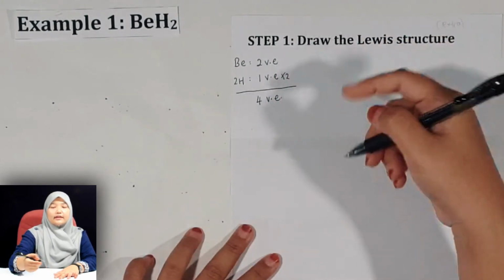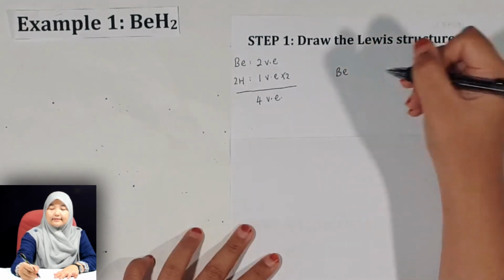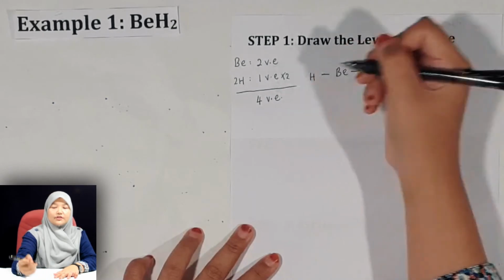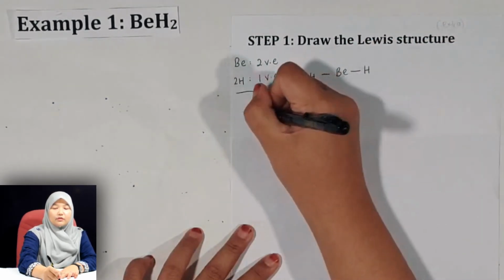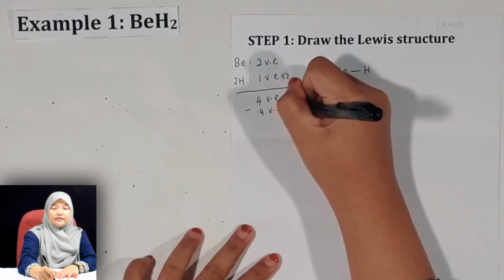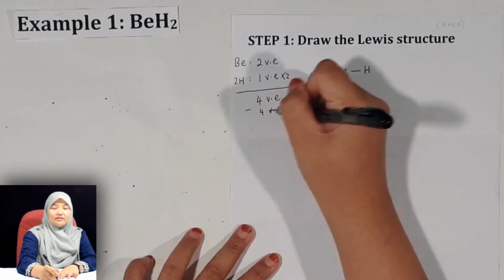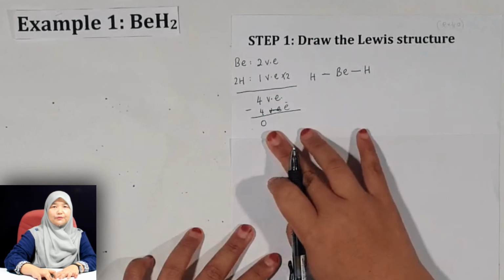So, next adalah kita akan lukis skeletal structure with Be at the central. H. Jadi ini ada 2 elektron, so kita akan tolak 4 valence elektron sama dengan kosong.